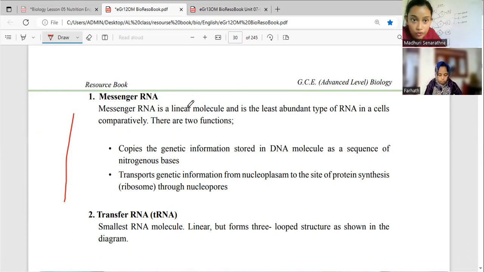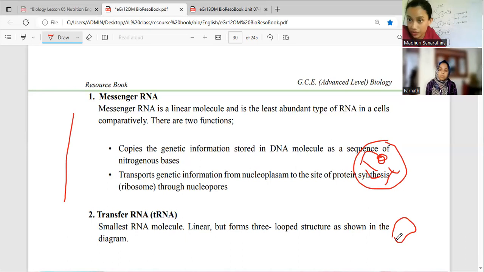There are two functions of messenger RNA. First, it copies the genetic information stored in the DNA molecule as a sequence of nitrogenous bases. Second, it transports genetic information from the nucleoplasm to the site of protein synthesis. That means DNA is included in the nucleus within chromosomes. Protein synthesis happens in ribosomes, right?